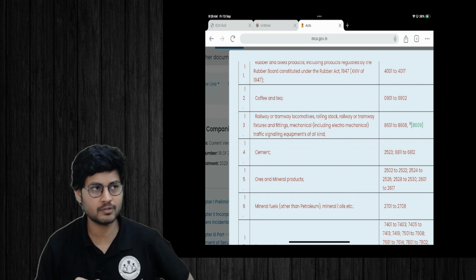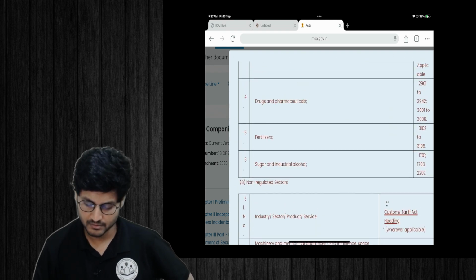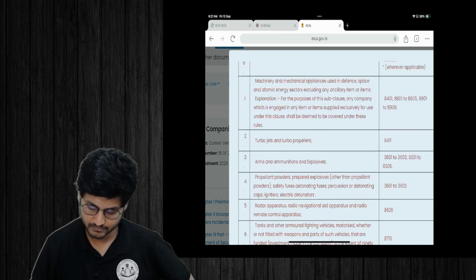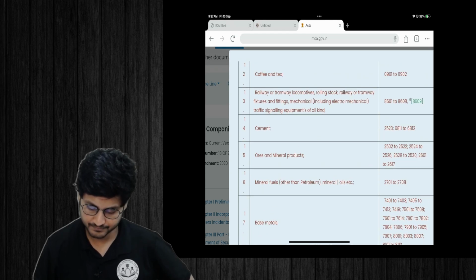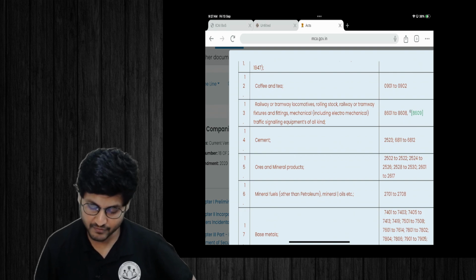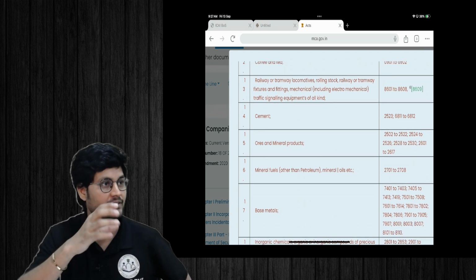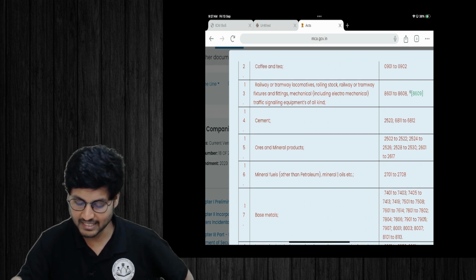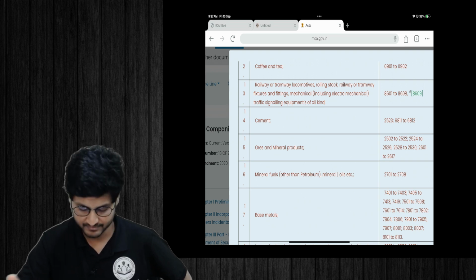All this is manufacturing only. Cement, ores and mineral products, railway and tramway locomotives, rolling stock, railway and tramway fixtures and fittings, manufacture of all these items.